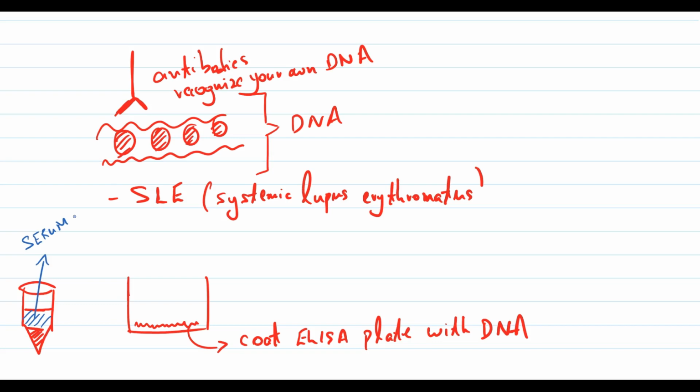In other words, if you have those antibodies, even if you dilute it, the signal you get should be pretty much staying the same. If, on the other hand, you have something non-specific, in other words, the antibodies just like to linger around your DNA, and you are getting a signal, and you are thinking, oh, this person has antibodies against your DNA.